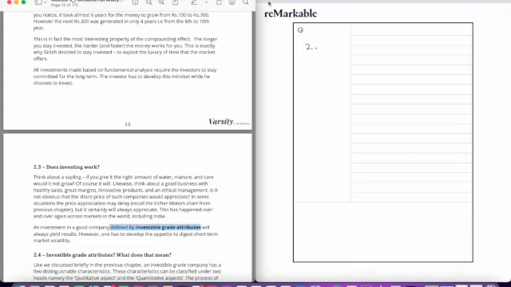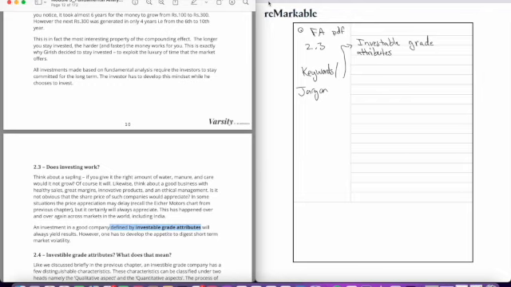So 2.3, section 2.3, fundamental analysis PDF, keywords/jargon, investable grade attributes.